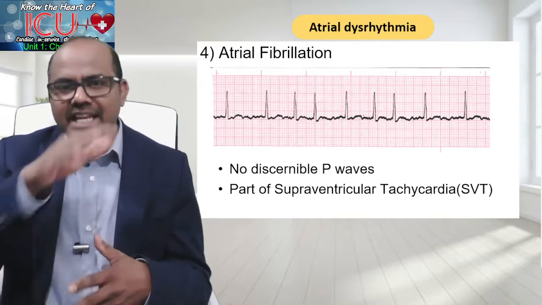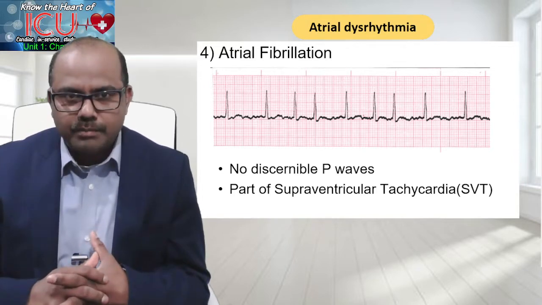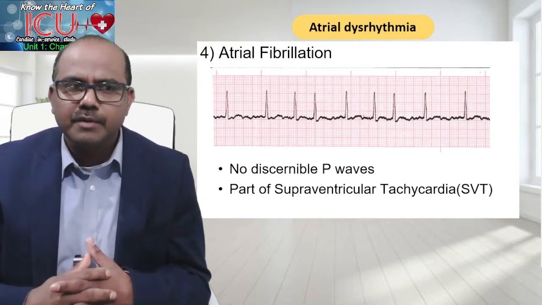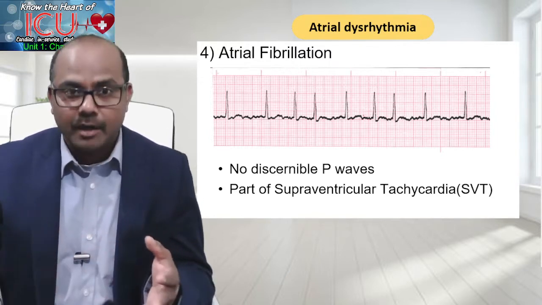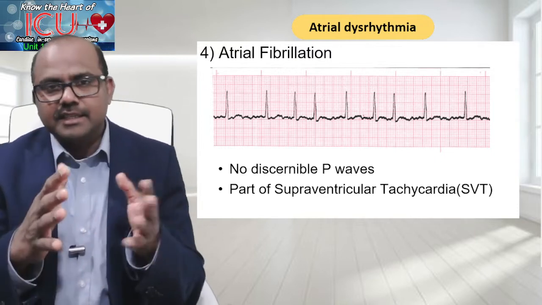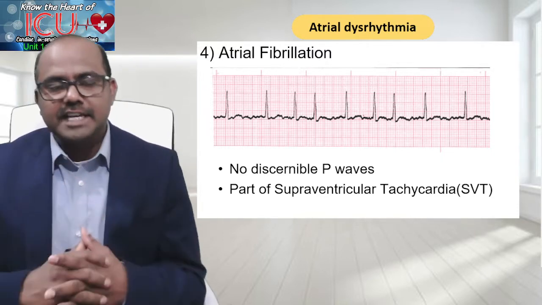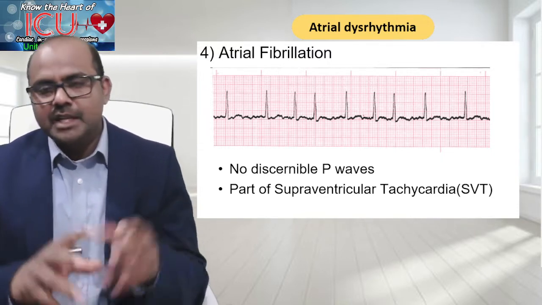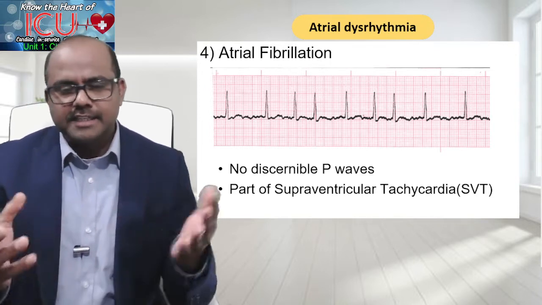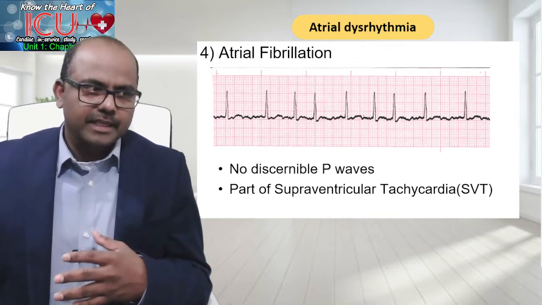So you have irregular QRS complexes. Just because it is passing through the AV node, the QRS complex will be narrow, but it will be irregular and there is no discernible P wave. That's the criteria for atrial fibrillation. So no discernible P wave, the rate will be irregular, and it's a part of supraventricular tachycardia.